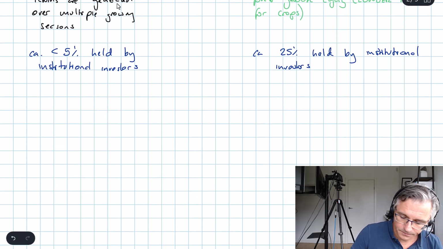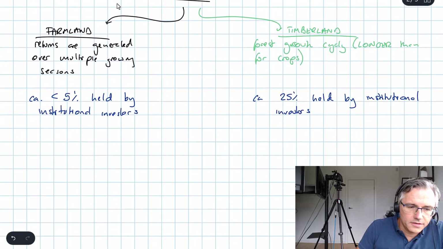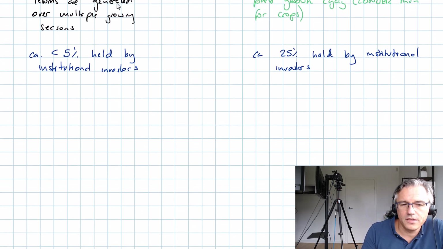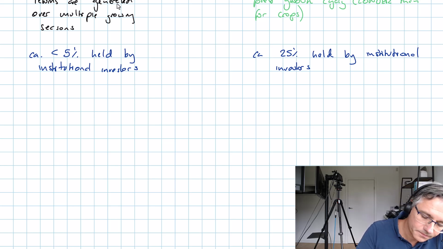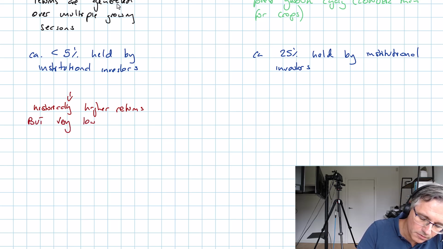Now, farmland historically has higher returns, but it has very low liquidity.